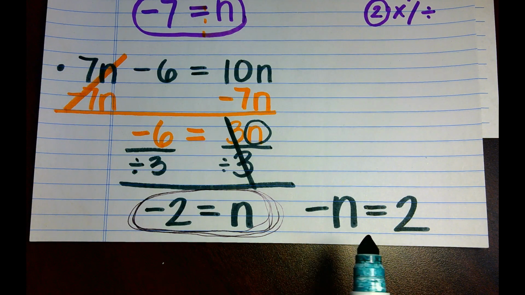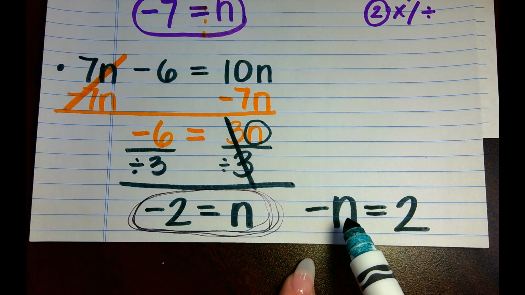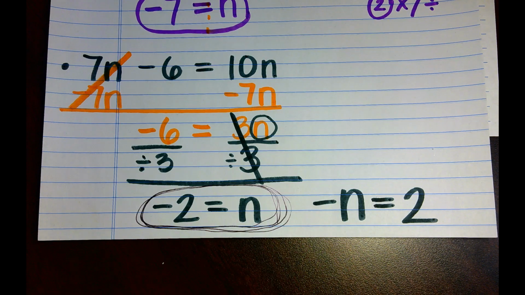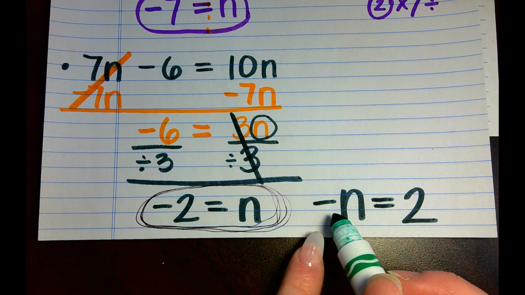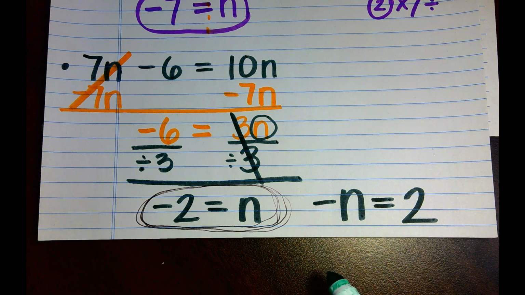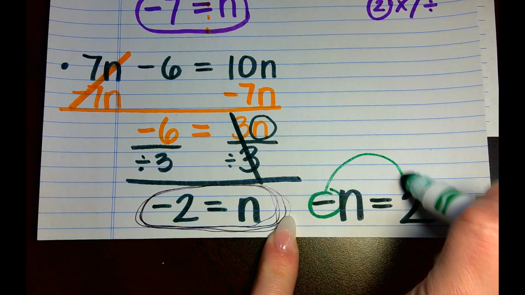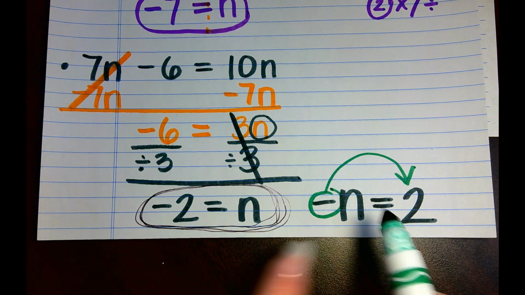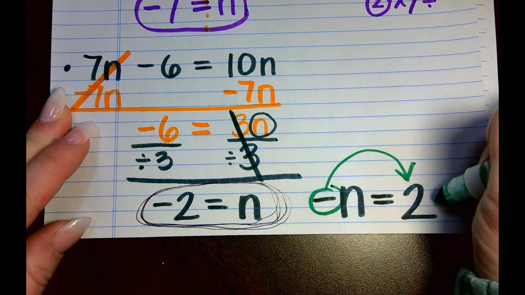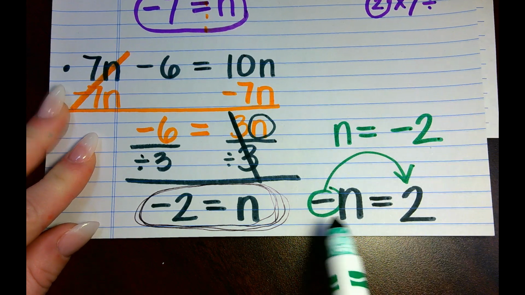If you ever get an answer where you have a negative next to your variable, we don't want to know the answer for negative n, I want to know what n is. All you do is take this sign and move it to the 2. If I have negative n equals 2, then I also have n equals -2.